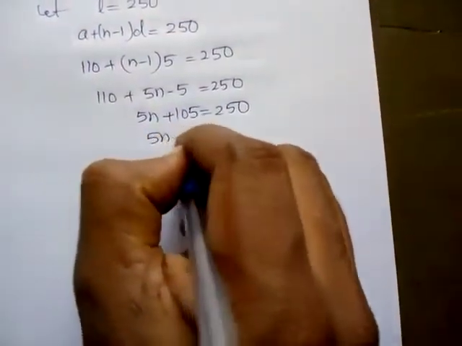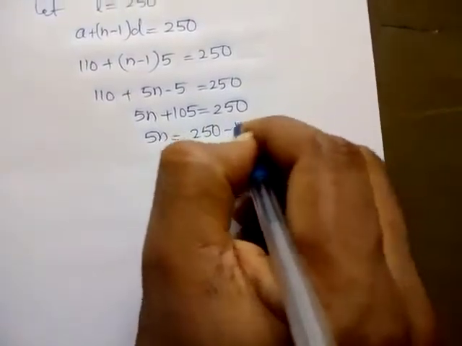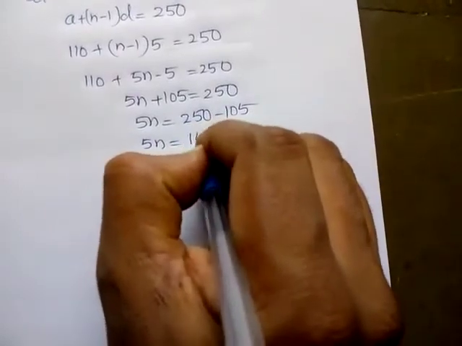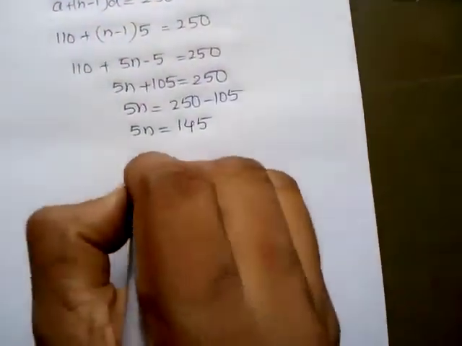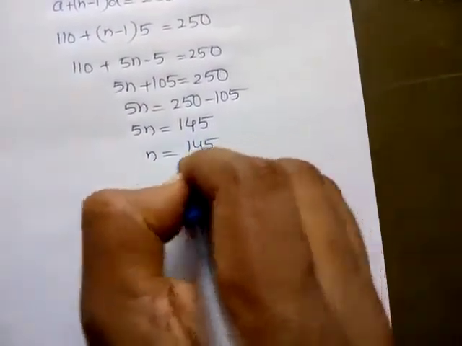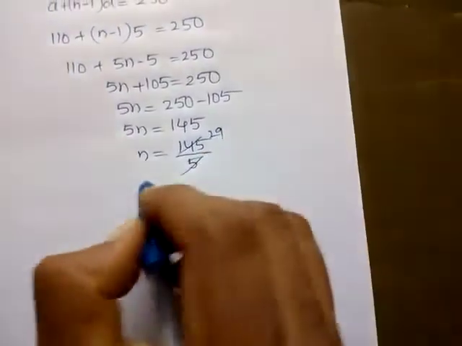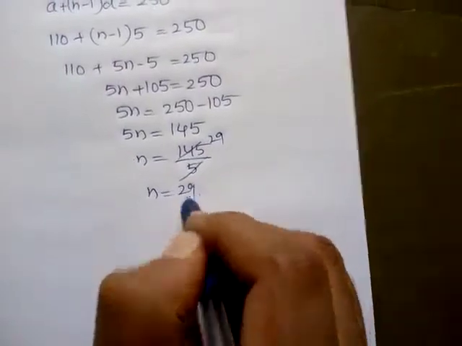So 5n is equal to 250 minus 105. So 5n is equal to 145. So n is equal to 145 by 5. 5 2s are 10, 5 9s are 45. n is equal to 29. So there are 29 terms.